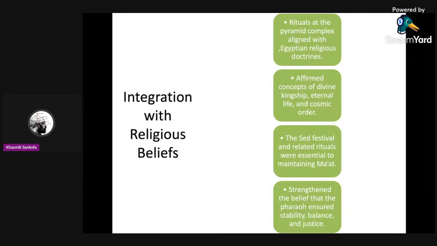So the rituals at the pyramid complex aligned with the Kemetic or Egyptian religious doctrines. It affirmed the concepts of the divine kingship, eternal life, and cosmic order. And then the said festivals were essential to maintaining balance, right? These rituals that the people engaged in was for the health and well-being of the nation, right?